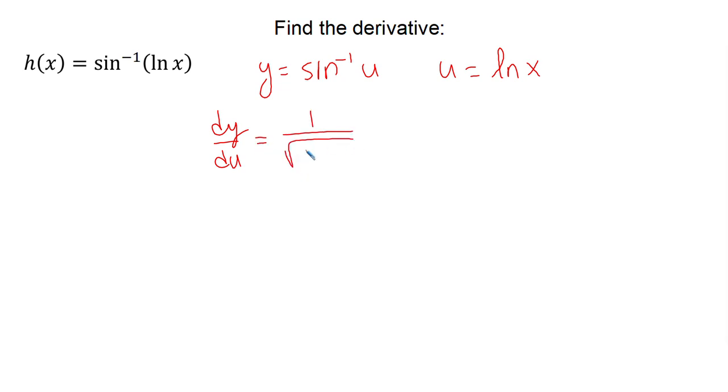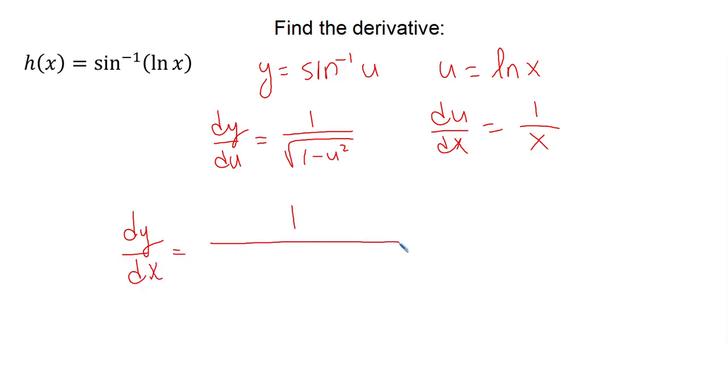That's going to be 1 over root 1 minus u squared for our inverse sine. And du/dx is going to be 1 over x. So now we multiply these two things together, and we should end up with our dy/dx equal to 1 over x root 1 minus u squared.